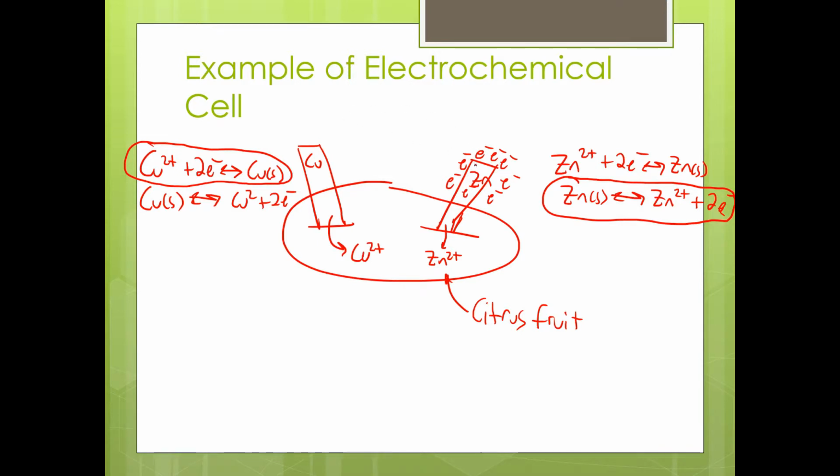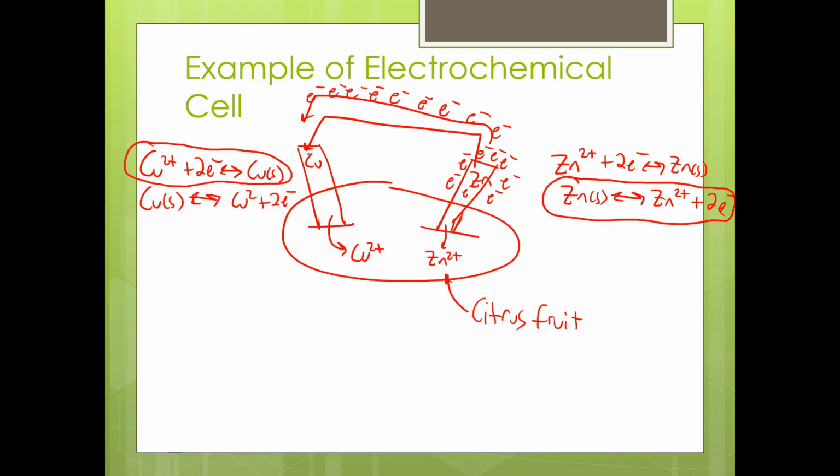So what we can do is attach a wire from the zinc to the copper, and the electrons can then flow this way. So what this means is that as the zinc undergoes its oxidation reaction, giving away electrons, we can give those electrons a path to get to a substance that really wants the electrons.